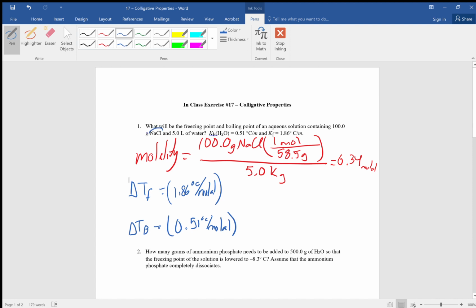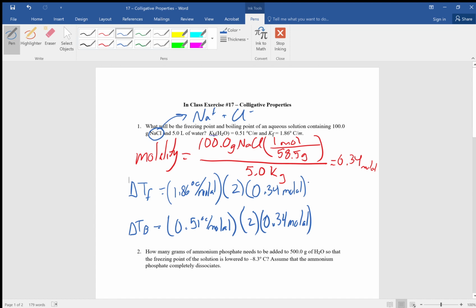So given this is sodium chloride, this will split into a sodium and a chloride ion. So our Van Hoff factor here is 2. And then times the molality. Again, since we're looking at the same solution for both freezing point and boiling point, we have the same molality in both calculations.